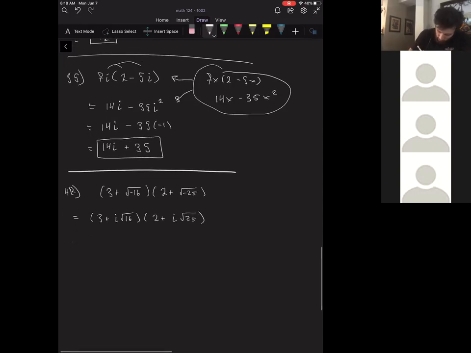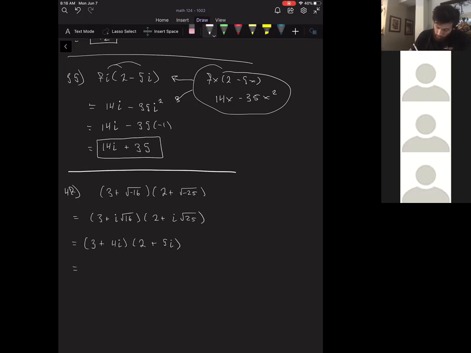So now let's see if we can simplify a little bit more. We have 3 plus square root of 16 is 4, so we'll have 4i. Oh, sorry, that needs to be a 3. Just wrote that one wrong. And then we have 2 plus, so the square root of 25 is 5, so 5i. So now we can FOIL.